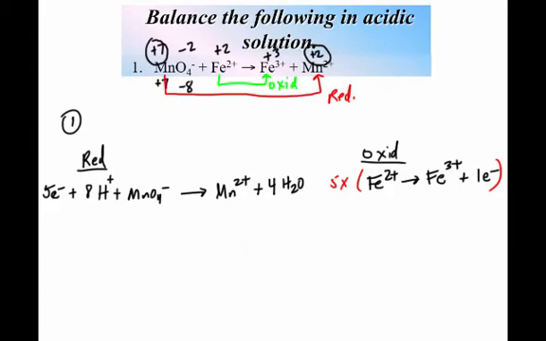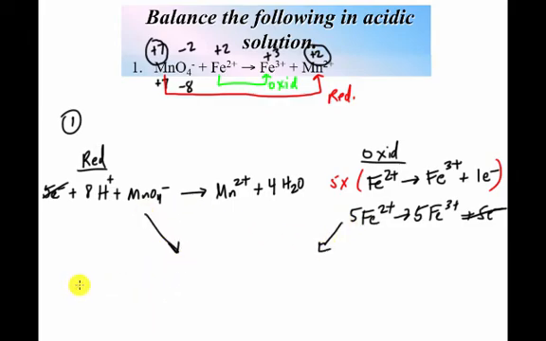So therefore, what I'll have is I'll have 5 Fe2 plus, iron 2 plus ions. I'll have 5 of the iron 3 plus ions, and I'll also have 5 of the electrons. Now, if this electron is on the reactant side and this electron is on the product side, I'm going to cancel that out. Right? We don't need to see the electrons transferring. And all I'm going to do is I'm going to take my reactants and combine them back together. I broke them apart. Now I'm going to unify them back together in one overall reaction.